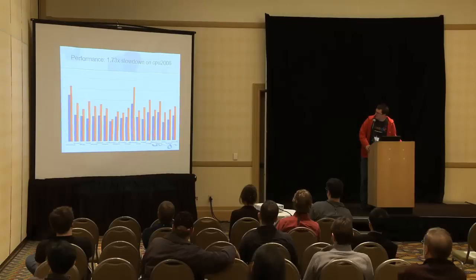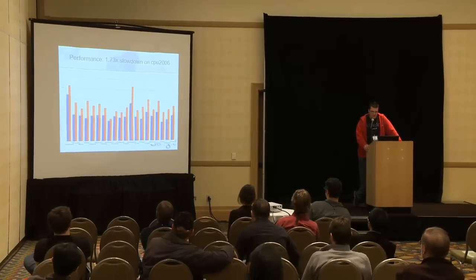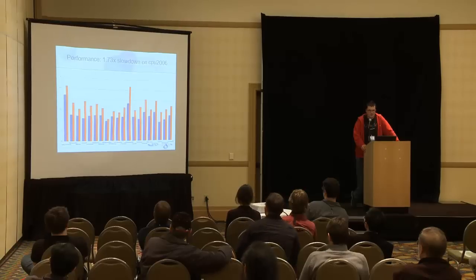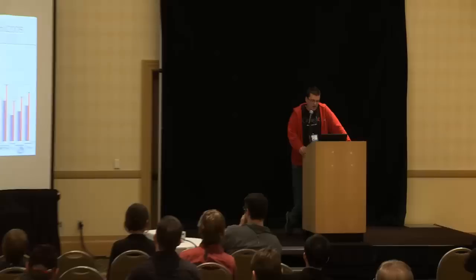This is my favorite slide. A lot of colors. It shows how the tool behaves on the SPEC CPU 2006 benchmarks, which are the tests we actually don't care about. But still, they provide good information to present at a meeting like this because everyone knows what SPEC is, and we can sort of speak the same language.